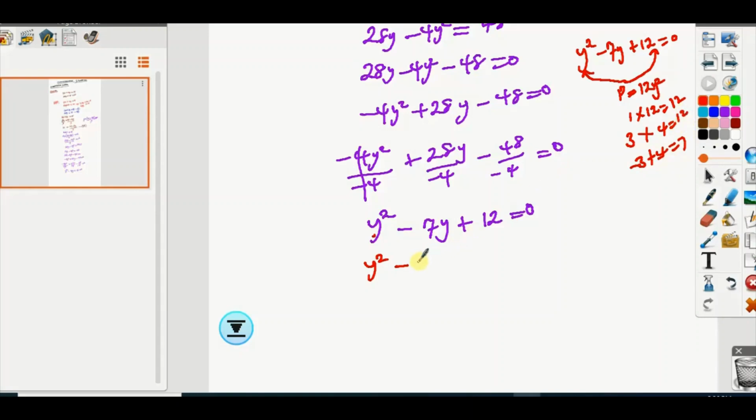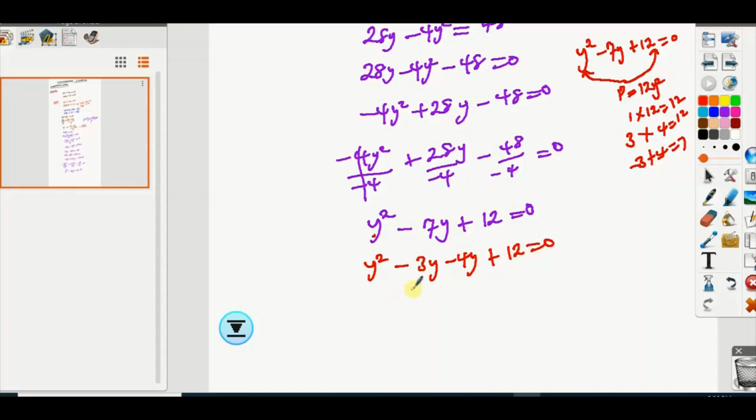So we have negative 3y and negative 4y. You remove all this value here and replace it with the two values that you assumed. So write your 12 back, be equal to 0.